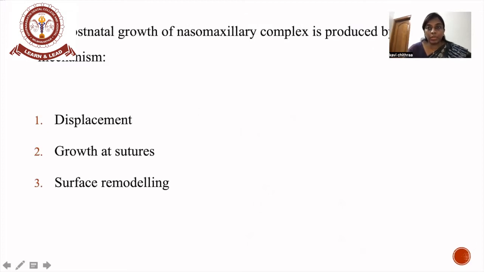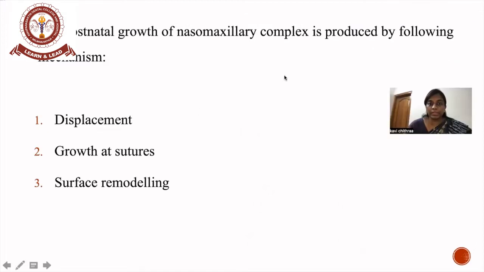So the postnatal growth of the maxilla, the nasomaxillary complex. The maxilla actually should not be called a separate bone. It should be called a nasomaxillary complex because it also houses the nasal cavity. So this occurs by the following mechanisms: displacement, growth at the sutures, and surface remodeling.